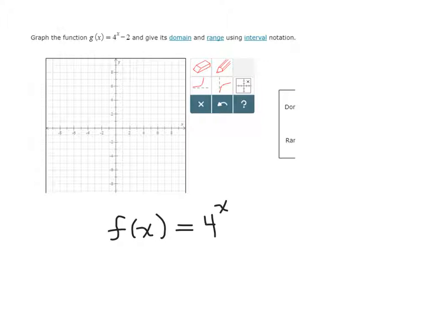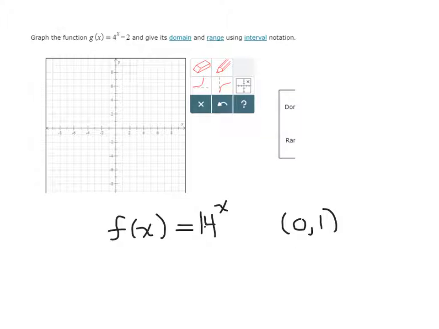So we recognize first that in front of the 4 is not a number, so we know that there is an imaginary 1 there. And therefore, that tells us that the parent function will have to pass through the point 0, 1, as we've discussed previously.